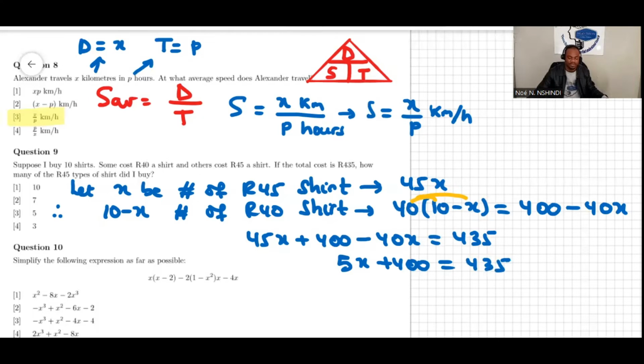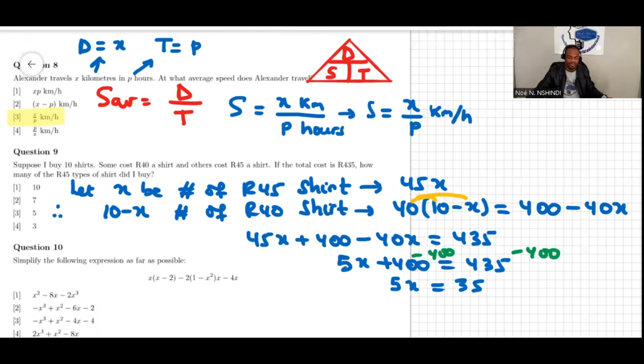Now, if I need to find X, I can just move the 400 over. In other words, I'll subtract 400 here, and I'll subtract 400 there also. Then we are left with 5X equal to 35, because 435 minus 400 is 35.